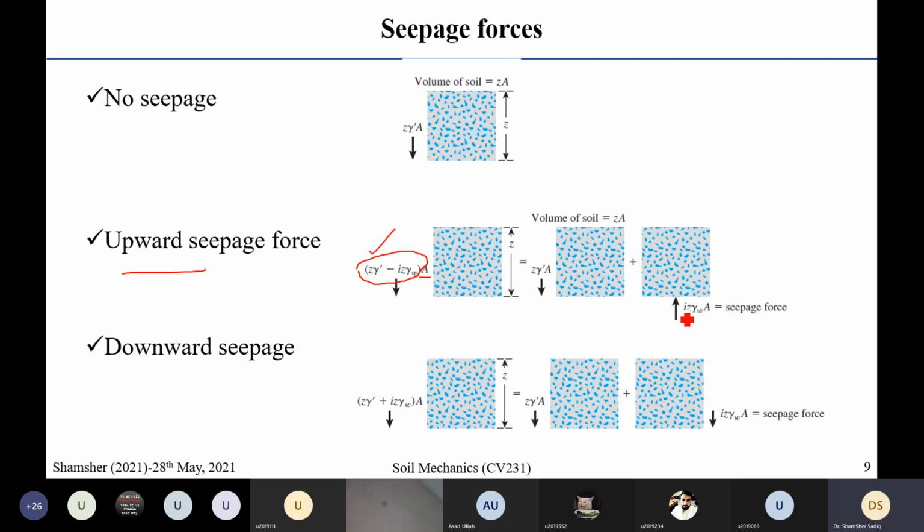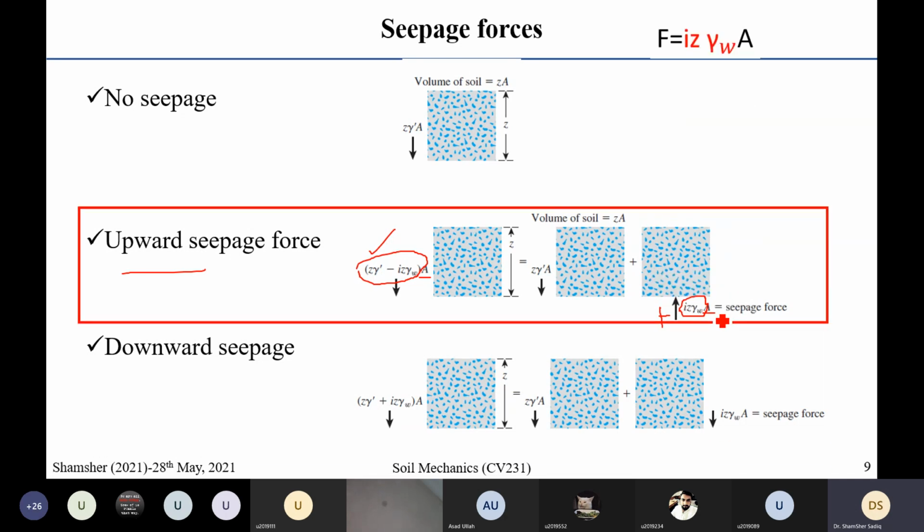Now this was the seepage stress, and upward seepage we assume positive, and if you multiply with A, this will become the seepage force.